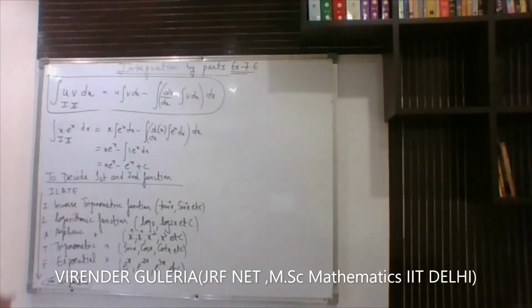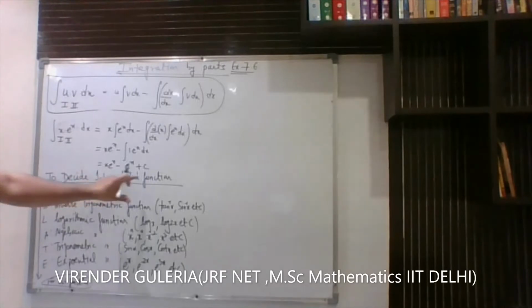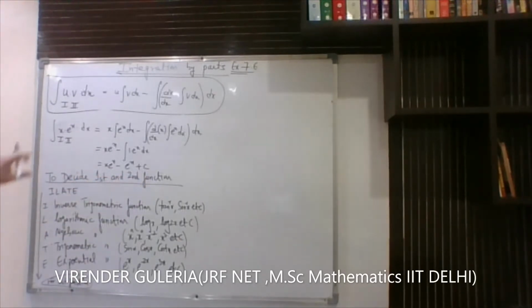Now, after this it is very important to decide the first and second function. So we have to decide which one is the first function and which one is the second function. For that we have this rule which says ILATE.